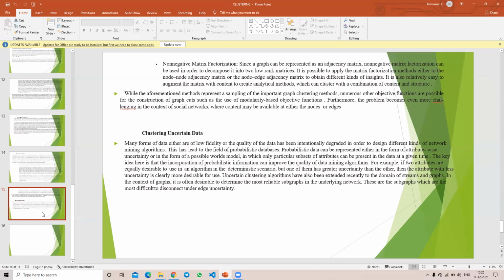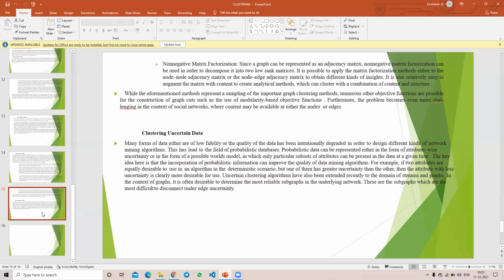For example, if two attributes are equally desirable to use in an algorithm in the deterministic scenario, but one of them has greater uncertainty than the other, then the attribute with less uncertainty is clearly more desirable for use.